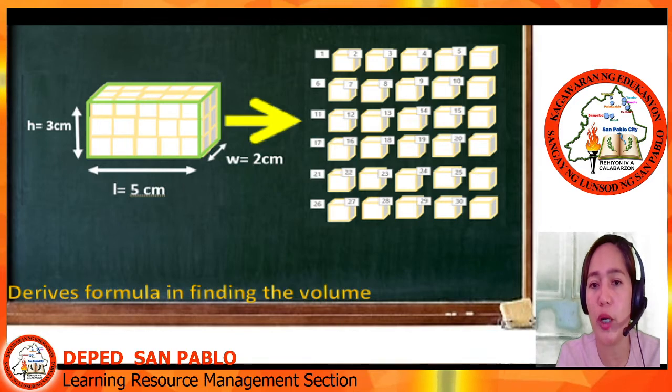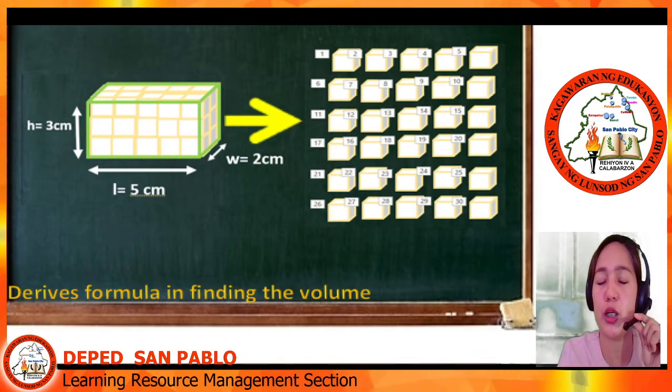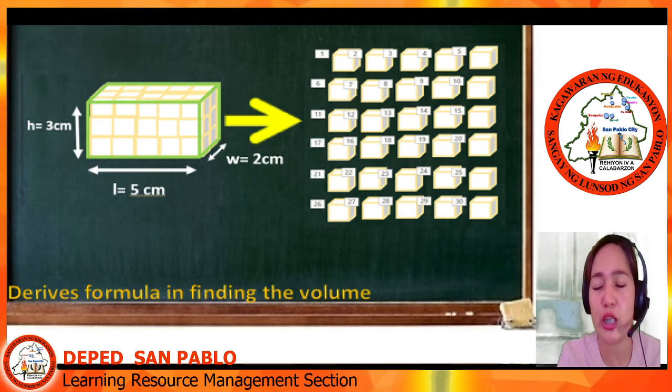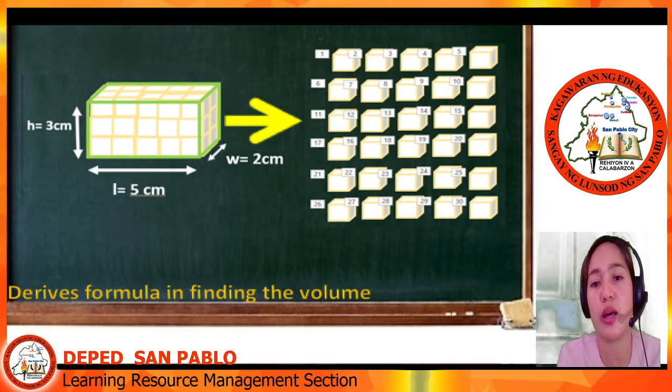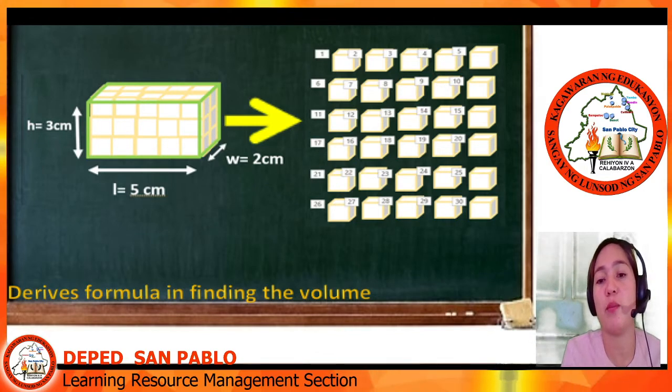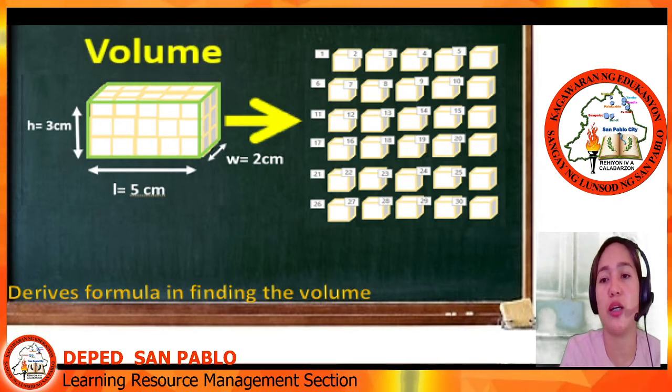So therefore, the volume of this rectangular prism is 30 cubic centimeters, because each cube has a volume of 1 cubic centimeter, because each side is 1. So if you multiply 1 times 1 times 1, you will also have 1. So 1 cubic centimeter. So the volume of this rectangular prism is 30 cubic centimeters.